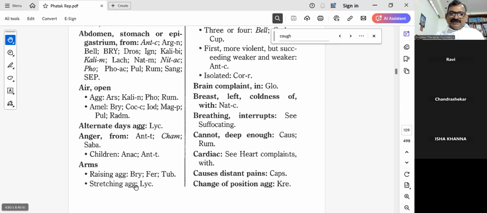So again you see that is bryonia here, and ferrum phosphoricum or ferrum metallicum and tuberculinum, TUB. And you see here, stretching arms aggravation. So how delicate, how minute it is. In this way, if we search for the remedy and give that remedy, for any reason, they are definitely going to get results.